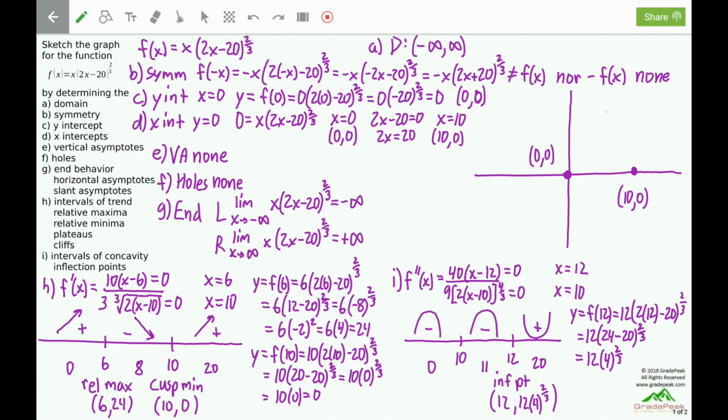So that'll be up here. We can label it 6, 24, and it'll take a relative maximum type of shape. It's a normal relative maximum. So it'll look something like so.